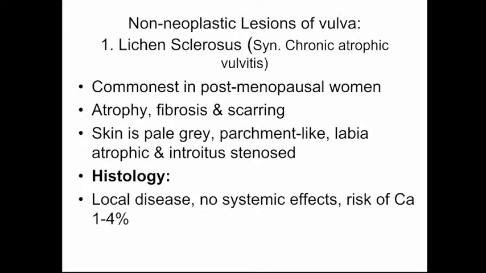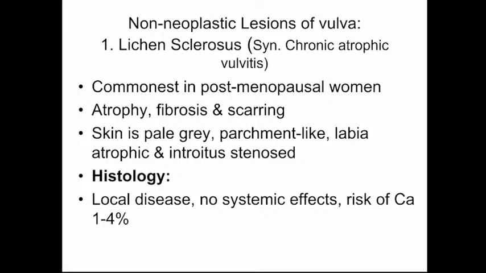The skin is pale gray or parchment-like, and the labia are atrophic. And because of the fibrosis and scarring, the introitus may become stenosed over time.